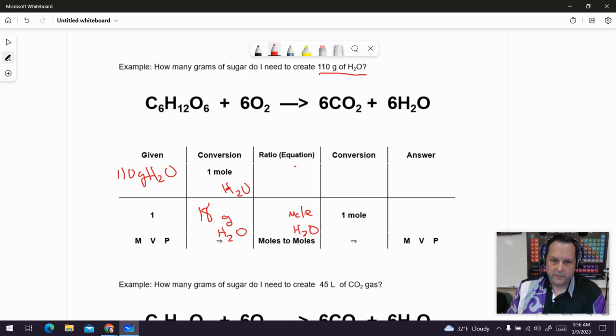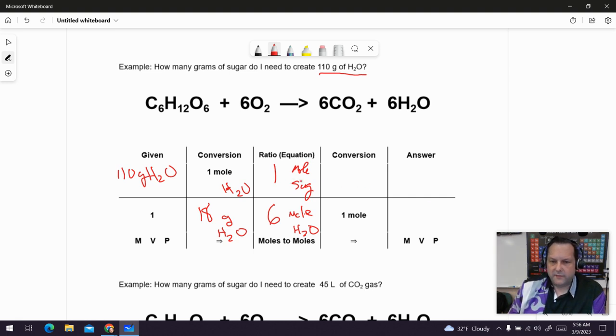On the top, I'm going to have moles, and I'm just going to put shug for sugar. C6H12O6, that's sugar. 6 moles of water for 1 mole of sugar. So when you burn 1 mole of sugar, you produce lots of water, 6 moles of water.